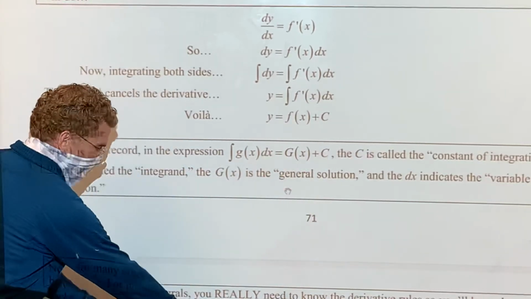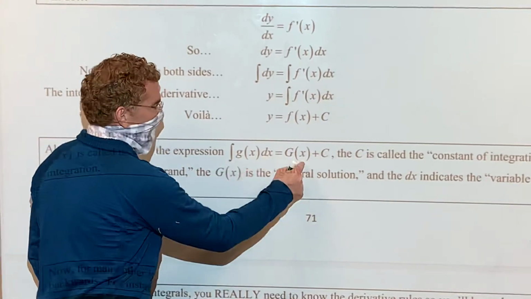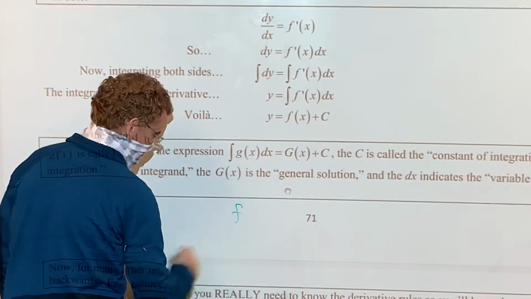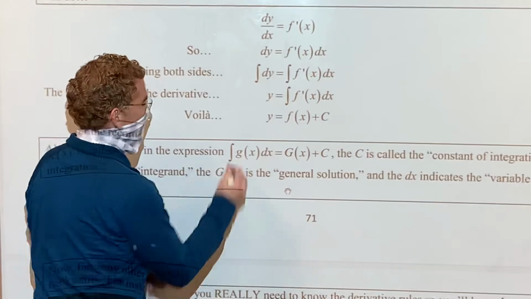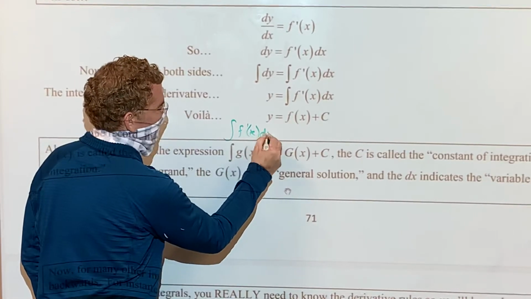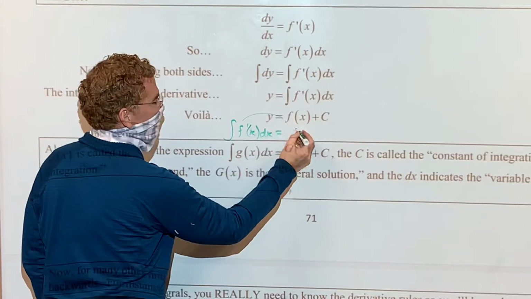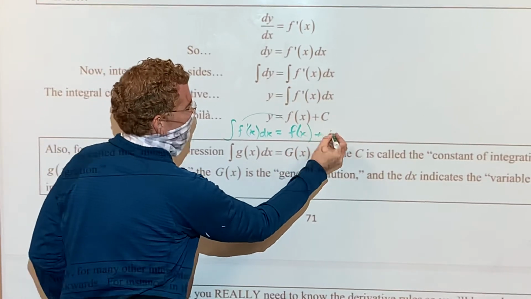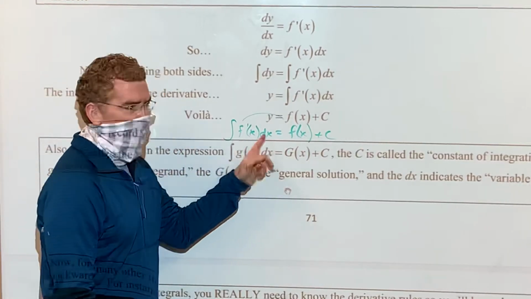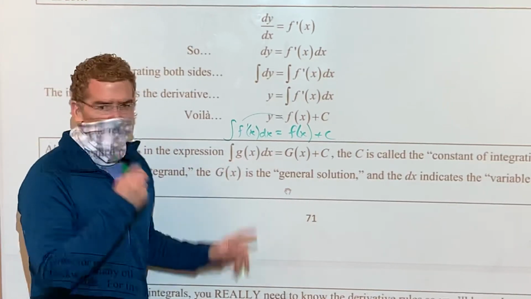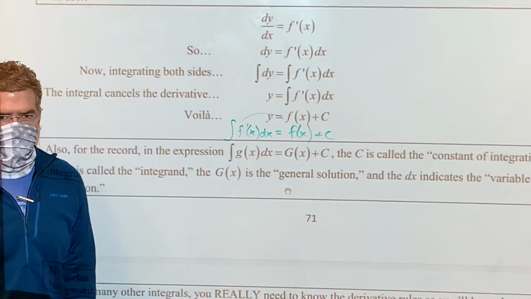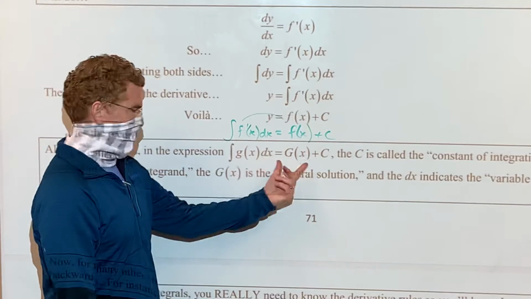And again, this right here would be the same thing as me saying the integral of f prime of x dx gets me back to the original function plus some constant, right? But we don't always call it f prime. If we call it g, what we normally use is big G to show what we came back from. Like, if this is the son, this is the father.